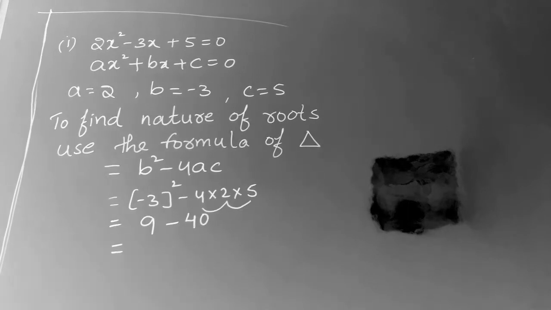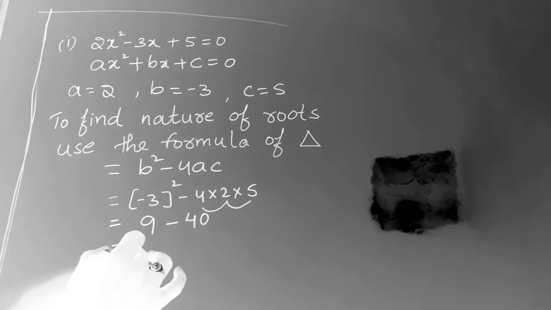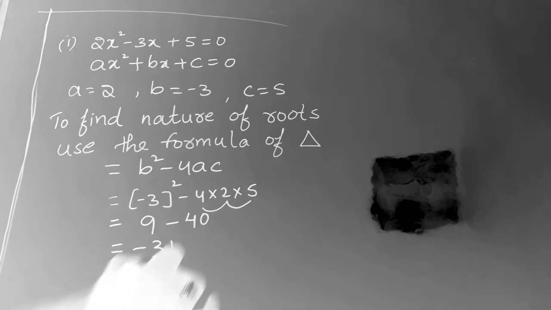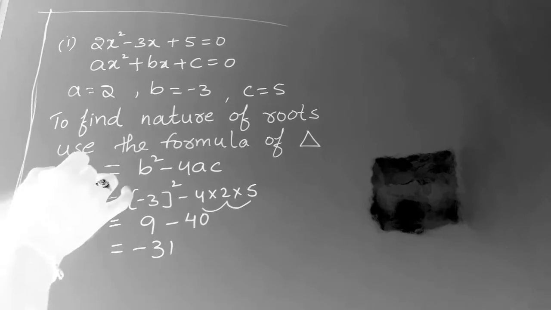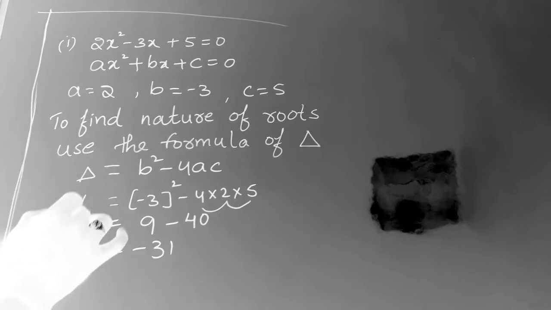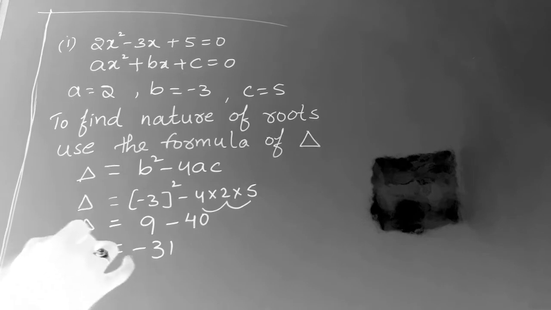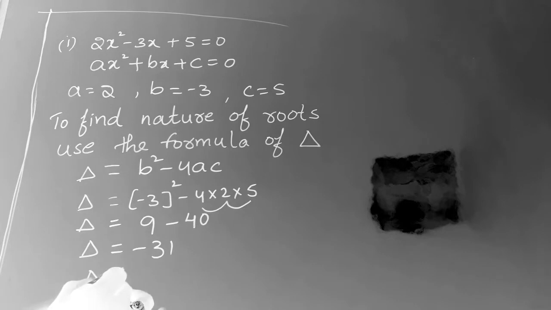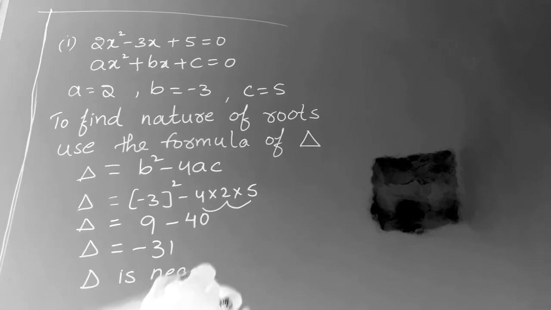Plus 9 minus 40, how much will you get? Minus 31. So the discriminant, that is delta, is negative. That is, delta is less than 0.